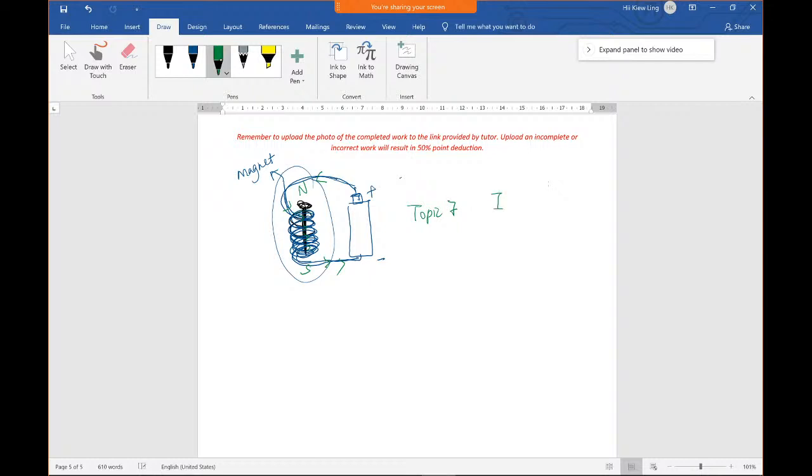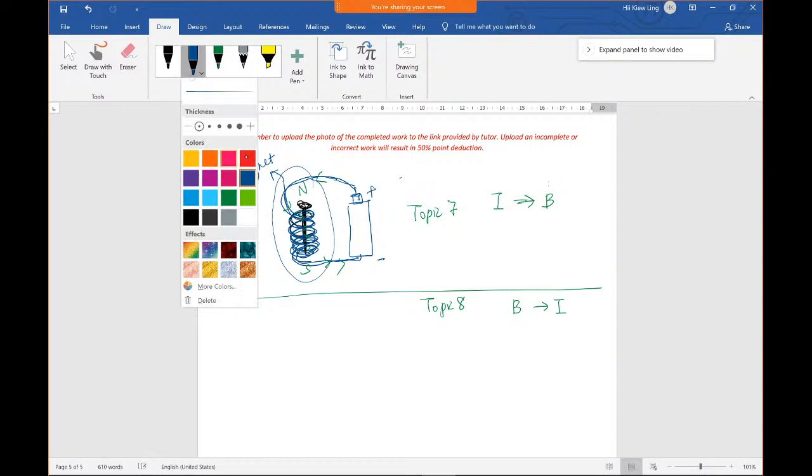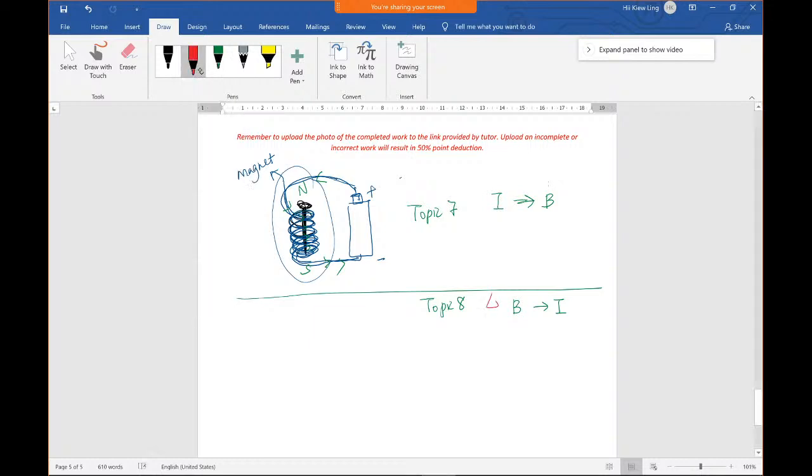How do we get magnetic field from current? So for this week, topic 8, what we want to see is how do we get current from magnetic field? It actually means the changing magnetic field, or the change in magnetic flux, will induce current.